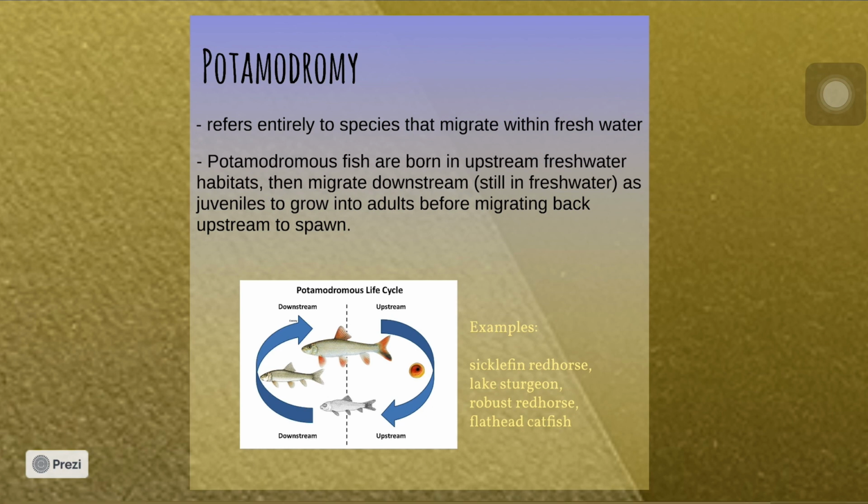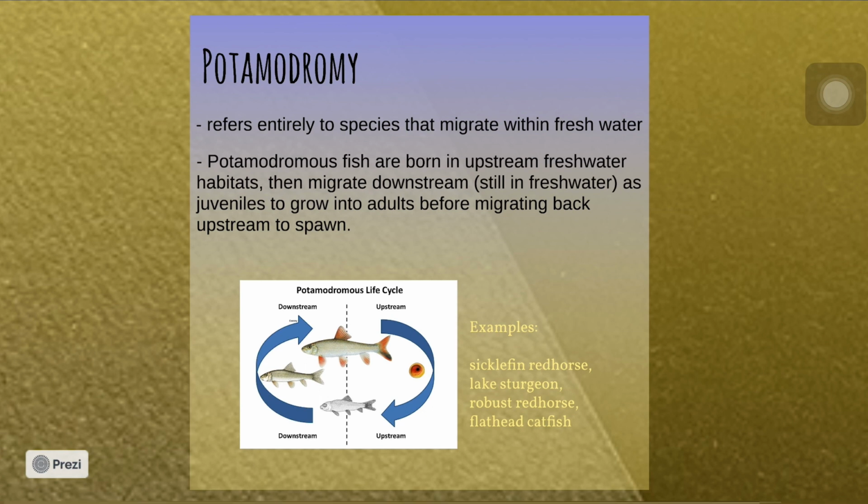So we saw in the pictures the potamodromous life cycle. The small potamodromous fishes are from upstream. They grow in upstream, then become adults in downstream, then go back to upstream to lay eggs.